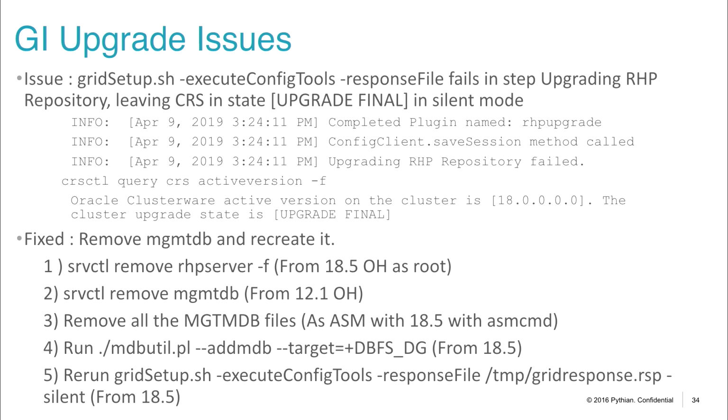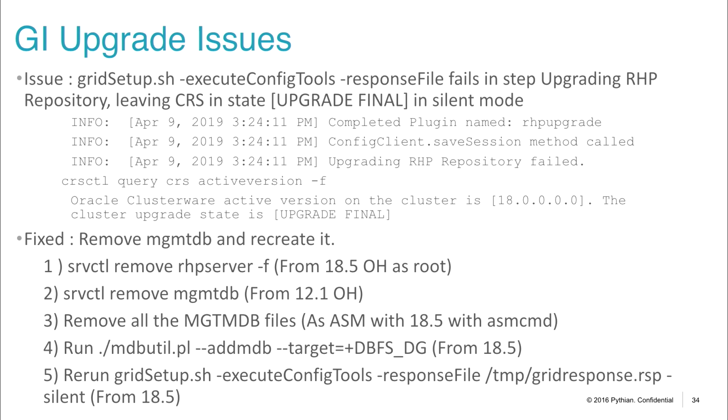And whatever we did, it still kept failing with this right here. So the active version that it was showing was upgrade final. We were still able to run because it had finished, but the CRS state was not in a normal state.